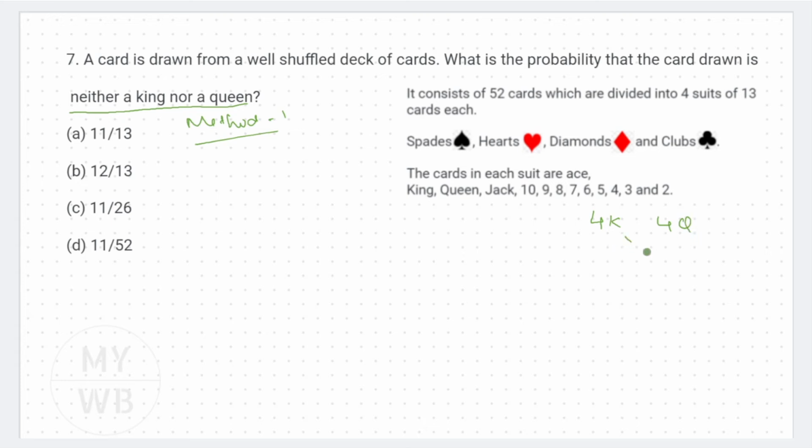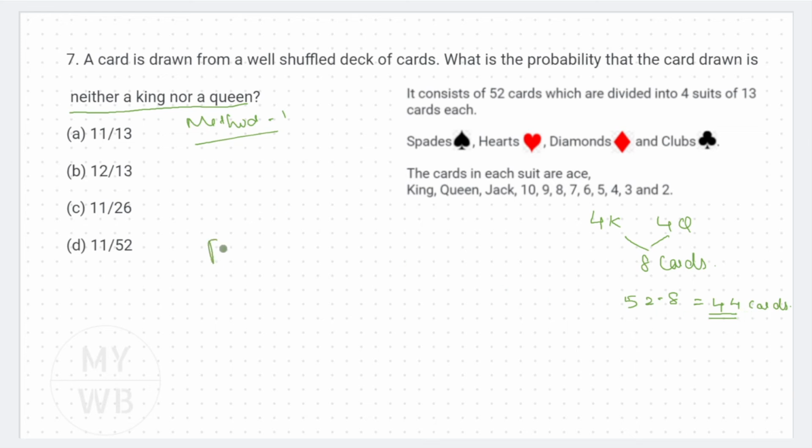So totally they make 8 cards. Out of the 52, you exclude these 8 cards, you will have 44 cards left. And none of these 44 is either a king or a queen. When one of these 44 cards is selected, then it is a favorable outcome for you.